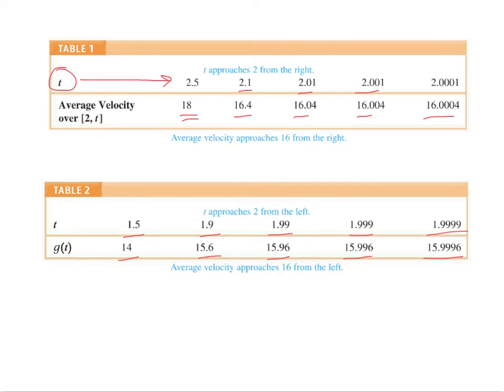It looks like from the right toward the left, we're heading towards a value of 16, and from the left toward the right, we're heading to a value of 16. So that's a pretty good experiment to give us an idea of what we mean by a limit. Remember, I can't actually plug 2 in to figure out what the y value is. 2 is not part of the domain, and it gives me that weird indeterminate form, 0 over 0, when I try to plug it in.